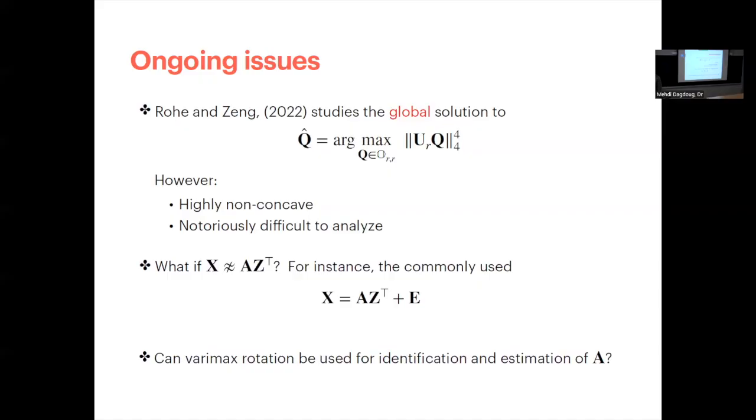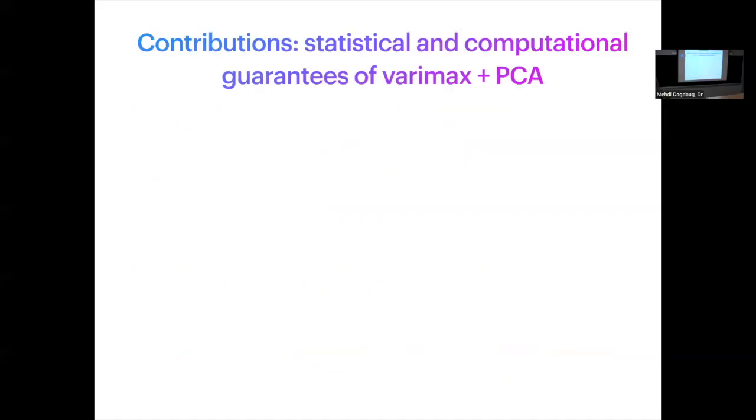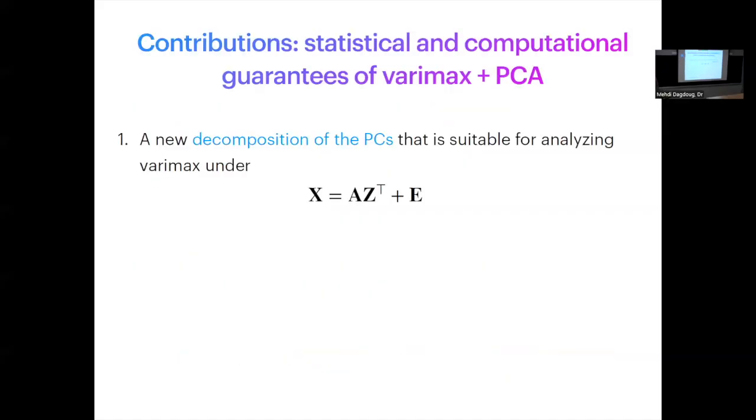So in this research, what I'm going to try to do is answer each of these questions. Specifically, we give both statistical and computational guarantees for applying the varimax plus PCA procedure under this model. In order to do this, you first need to understand what the principal components consist of.